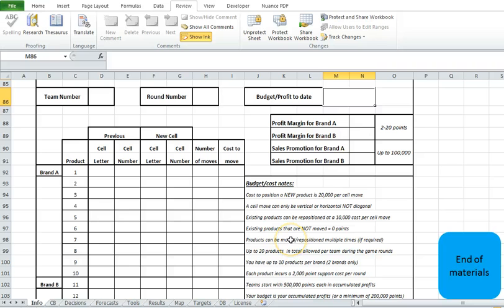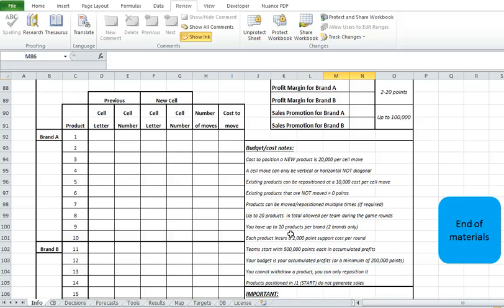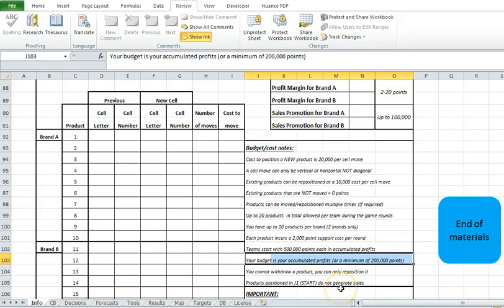As we go forward, your budget is equal to your accumulated profits, which is that line there. So if you get to the stage where you have made 1,000,000 points, then your budget is 1,000,000 points. However, if you invest heavily initially and have less than a small amount of money, or you have a loss situation, your budget is always at least 200,000.